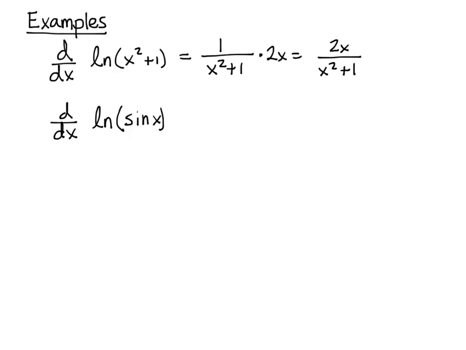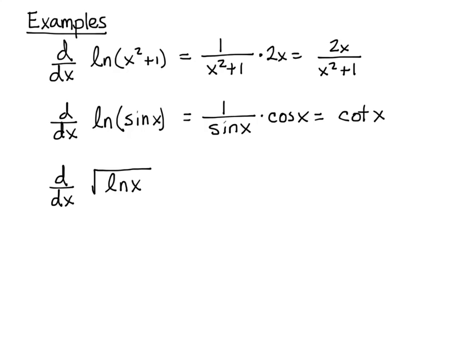Okay, so now let's do the log of the sine of x. So that's going to be 1 over the sine of x times the derivative of the sine of x, which is cosine of x. And so we have cosine of x over sine of x, and here we get the cotangent of x. Okay? Next one.